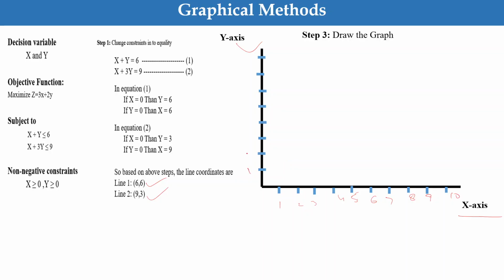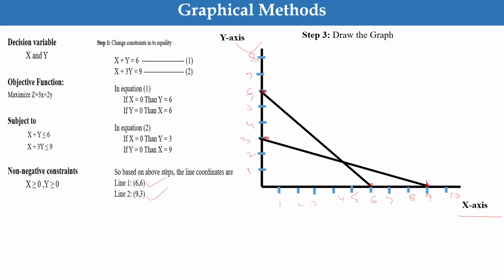Let's say 6, 6. So this is the 6 and this is 6. We'll join these two. Then x is 9 and y is 3, so this is 9 and this is 3. We'll join this.